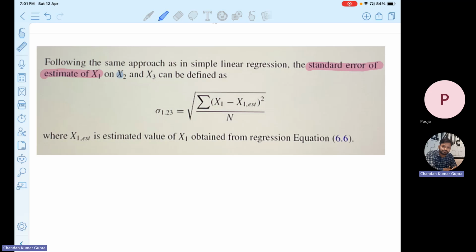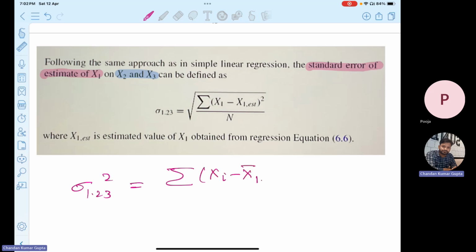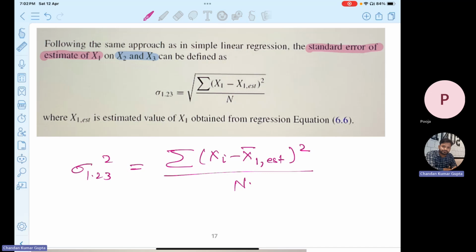The formula is the square root of the summation of (x1 minus x1 estimate) whole square, divided by n. Here, x1 est is the estimated value of x1.